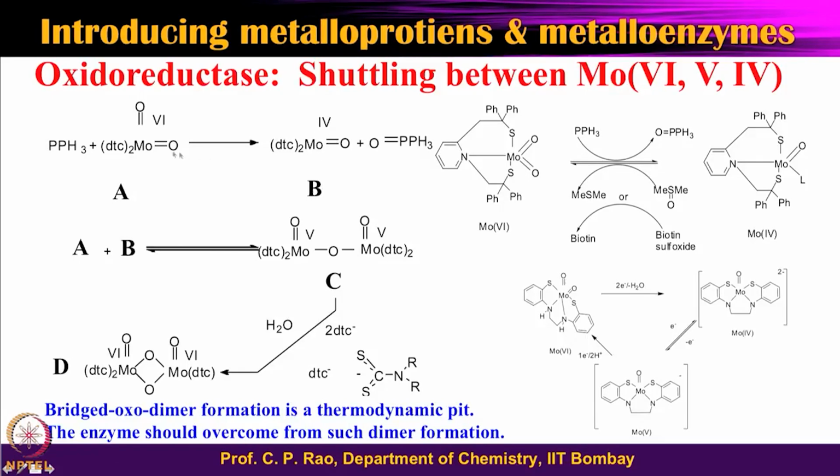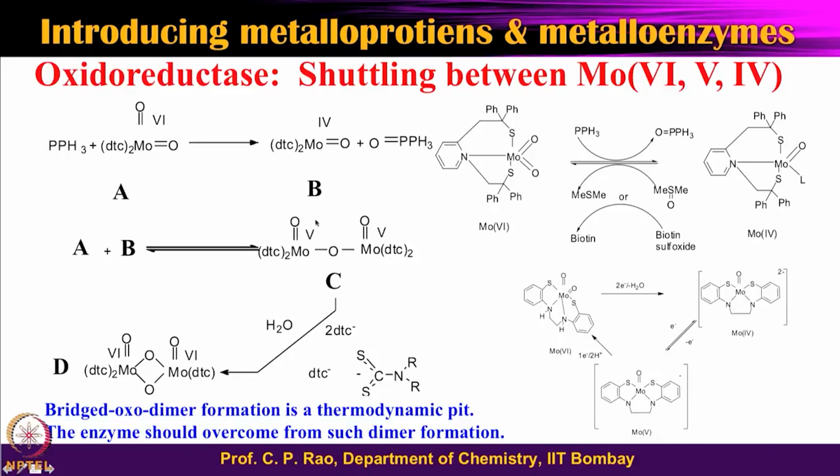Now, you can see that out of the 2 oxos, 1 oxo is gone, and now you have only 1 oxo, it is molybdenum 4. Molybdenum 4 is a very reactive species, and a little amount of molybdenum 6 present can react. Let us call this molybdenum 6 the A species and molybdenum 4 the B species, then A plus B gives 4 plus 6 is 10, 5 plus 5 is 10.